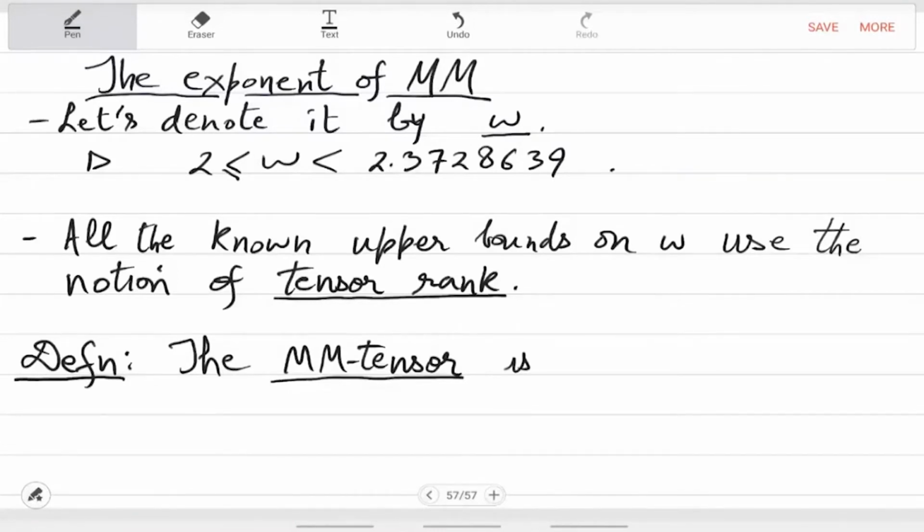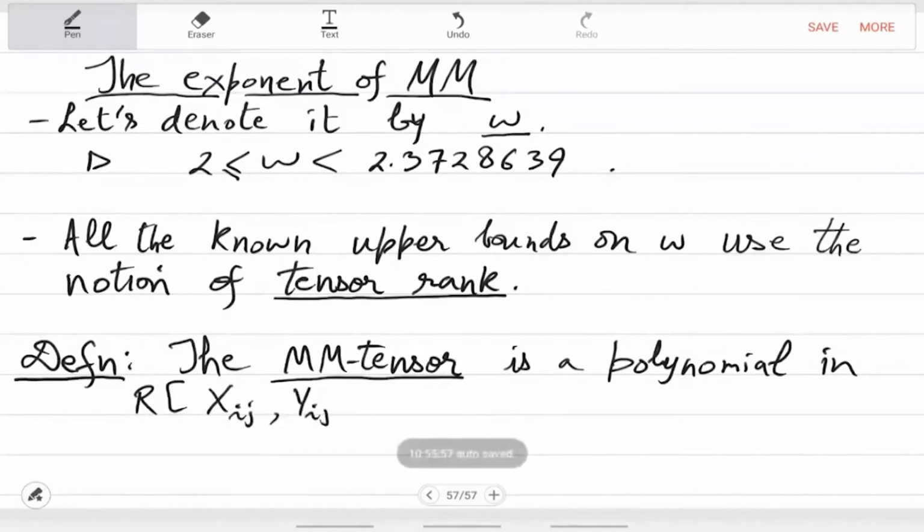So the MM tensor is a polynomial in many variables. I'll call them big X ij, y ij, z ij.